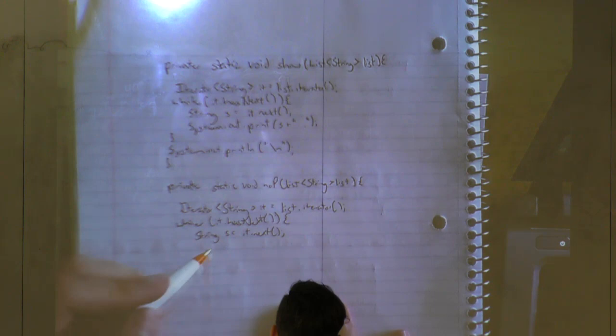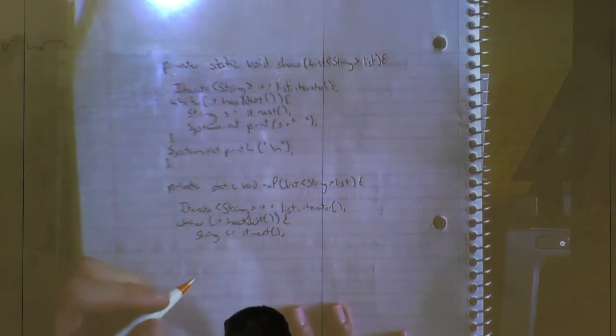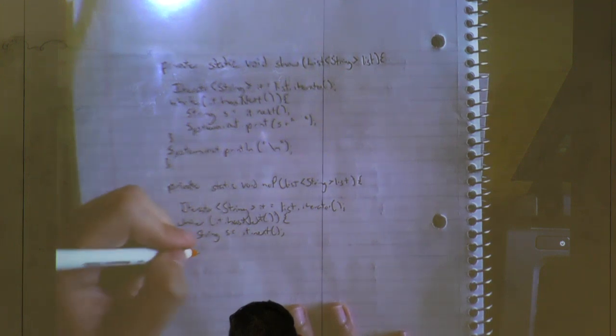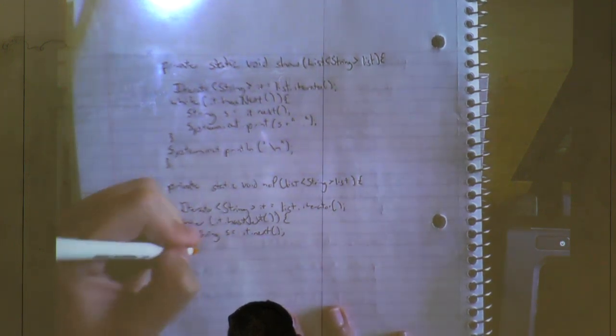And once again, we have this while loop structure of while there is a next, then get the next and assign it to a string s.